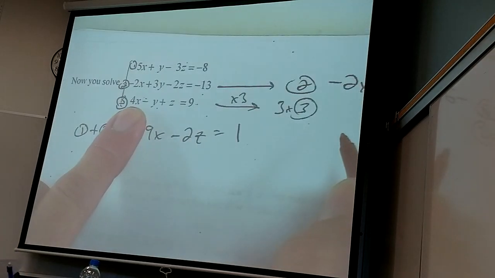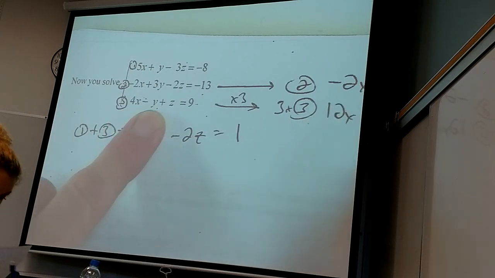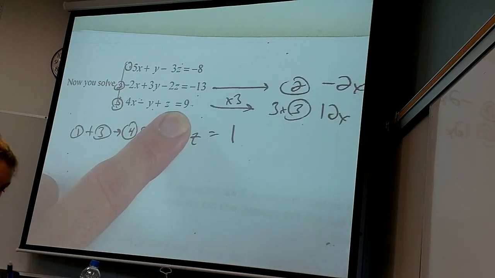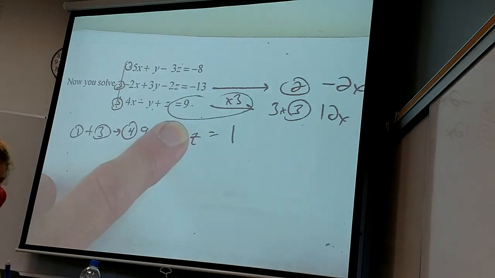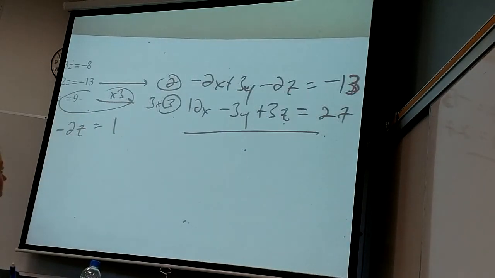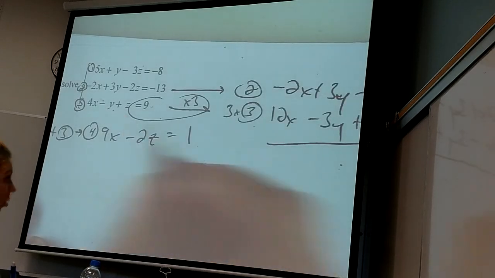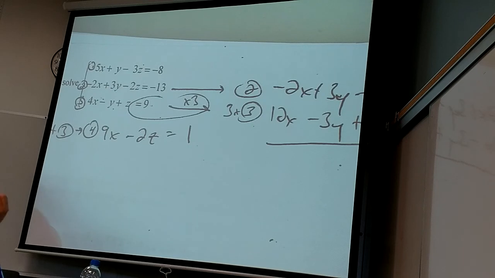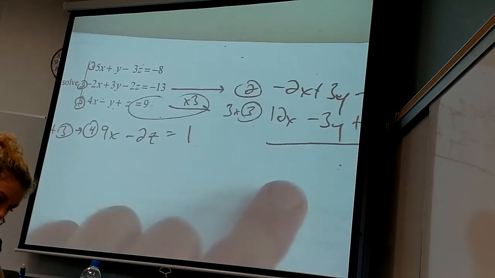So I get 12x minus 3y plus 3z equals 27. True. So I just take that equation and multiply by 3. I have to do both sides. We know that. If you do different things to two sides, you've made a different equation. It's not legal. You can't do that.